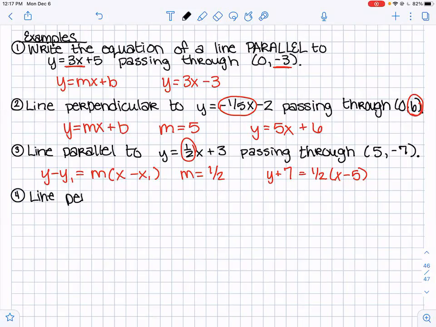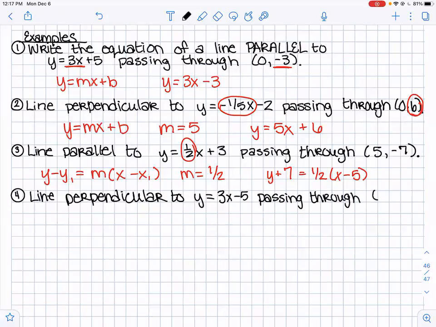Okay, this one's perpendicular. We're still using point slope form. Perpendicular to y equals 3x minus 5, passing through (-2, -3).